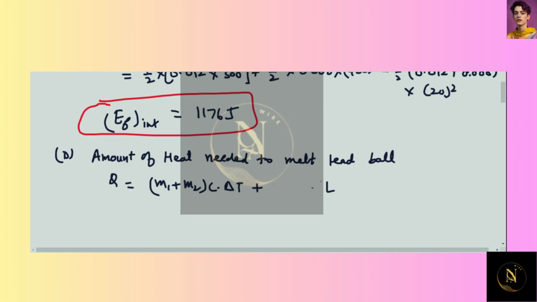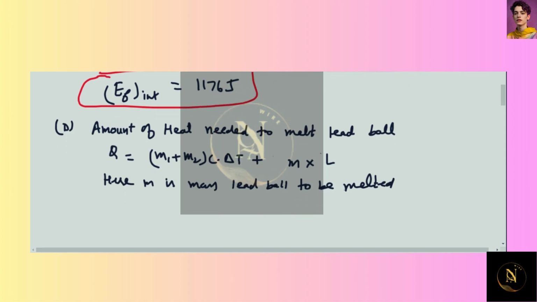Here I have to get mass M, the mass of lead balls to be melted. It is equal to change in internal energy: 0.012 into 0.08.